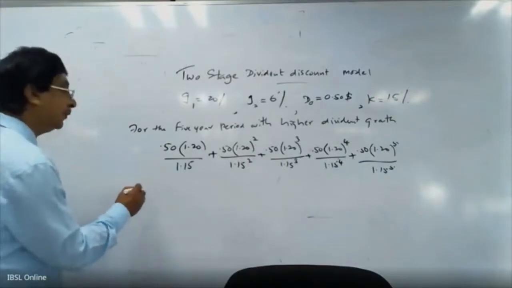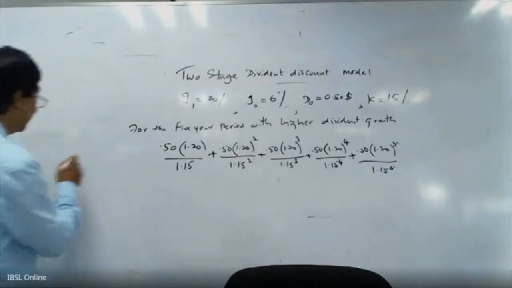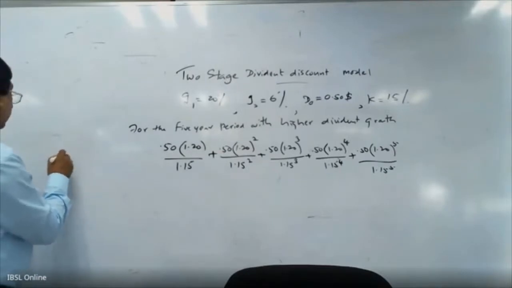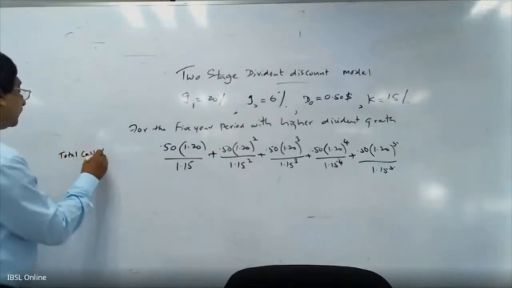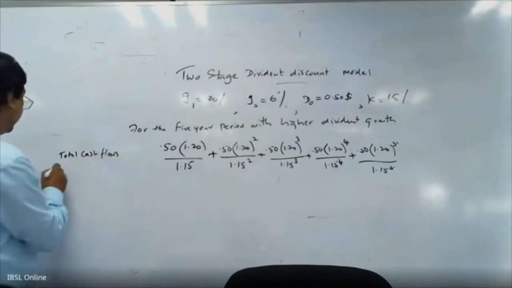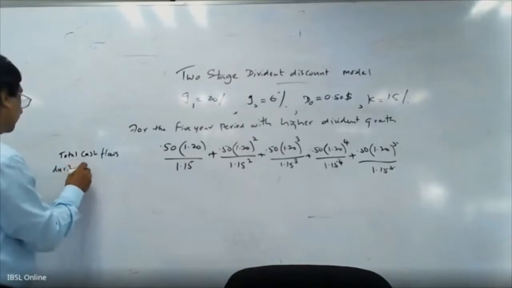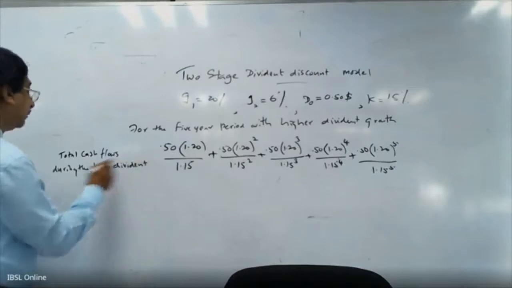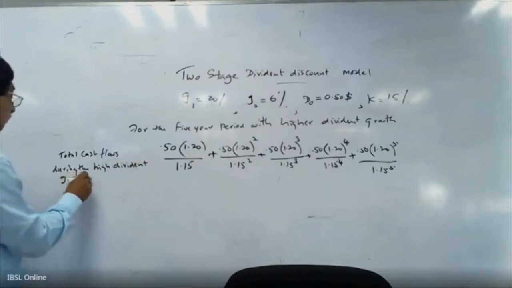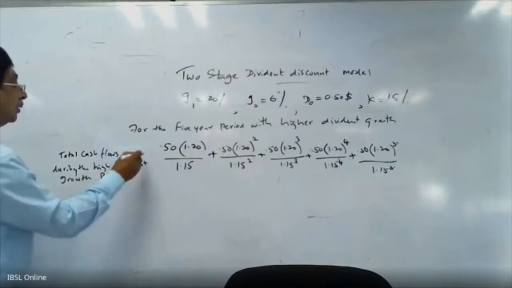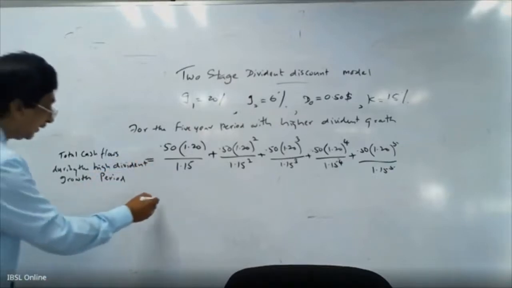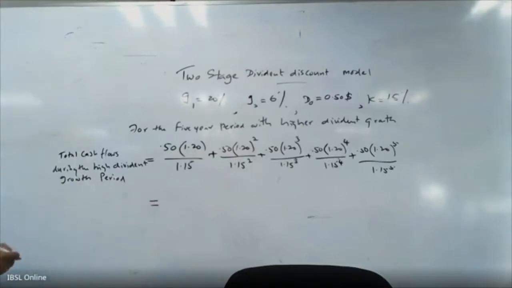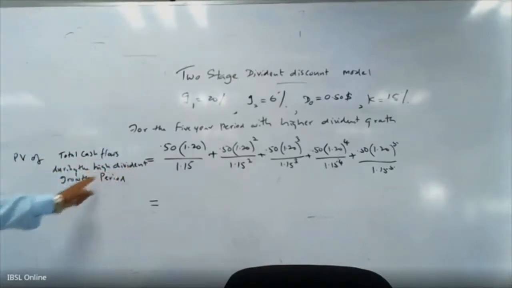Right. Now we will calculate the price at that point. So this is the total cash flows during the high dividend growth period. Then we get the PV of total cash flows during the high dividend growth period.